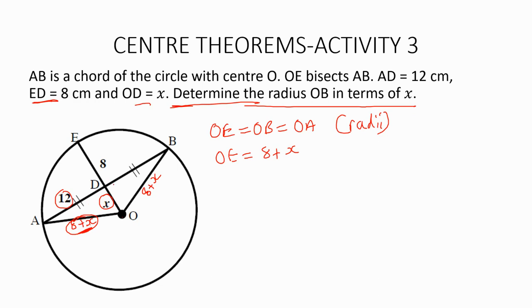What is this angle here? Let's say angle ADO. I forgot to mention this. Angle ADO is equal to 90 degrees. Why?